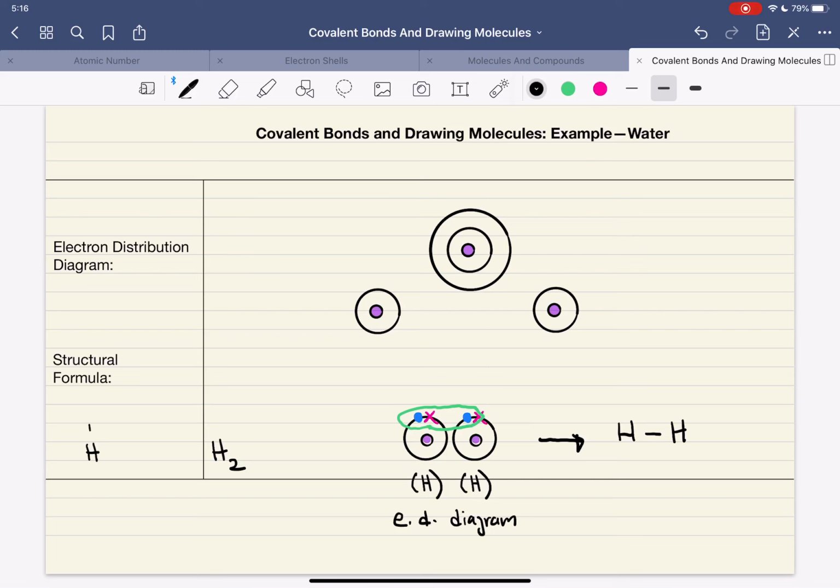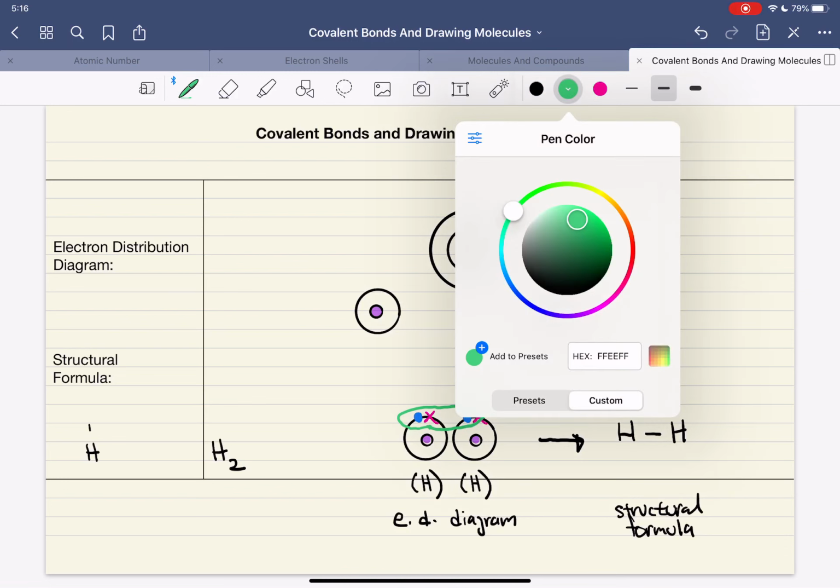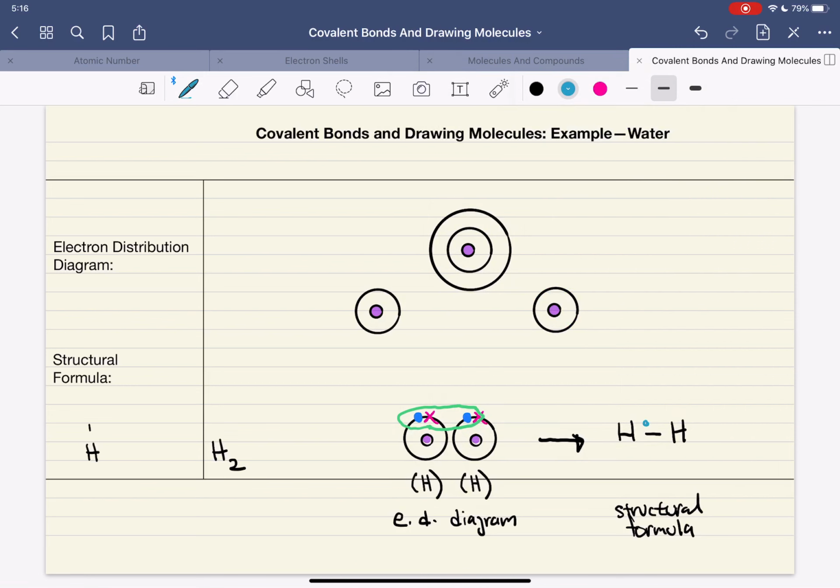And one more thing, this solid line denotes your 2 electrons. It represents the 2 shared electrons. That's what the solid line means.